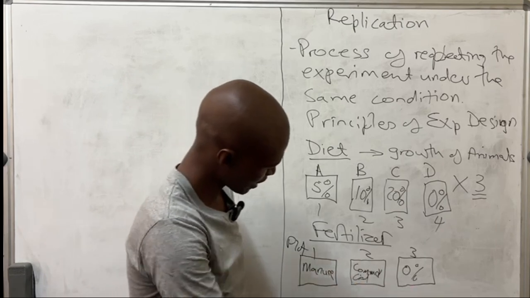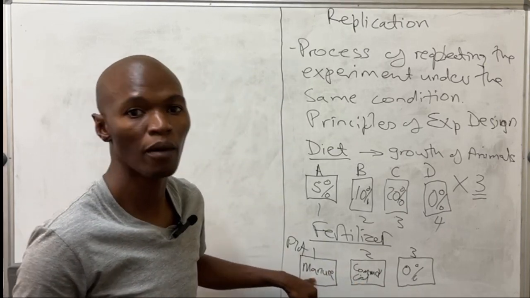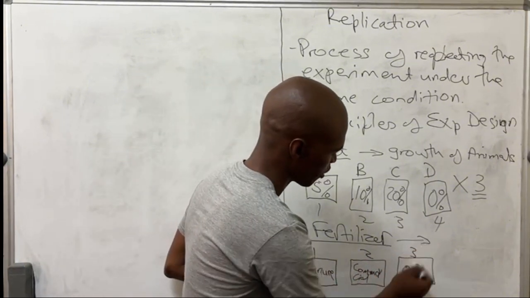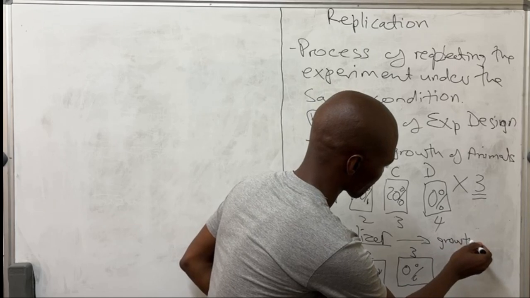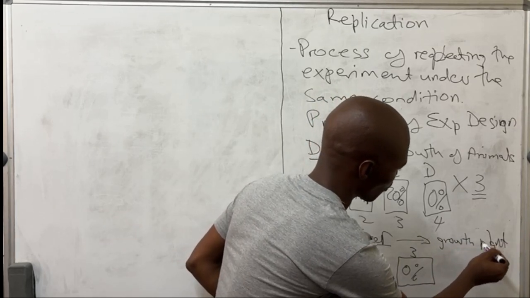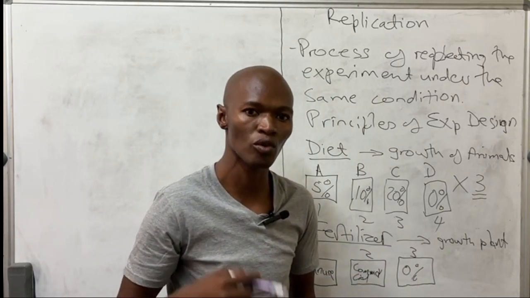Now, when you are doing that experiment, you cannot rely on only one plot of manure and decide that the manure is working. Maybe your interest is also the growth of plants. You want to see which of these will help the plants grow faster.